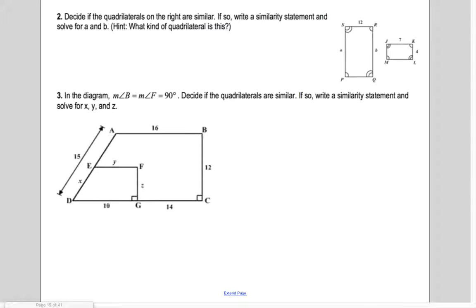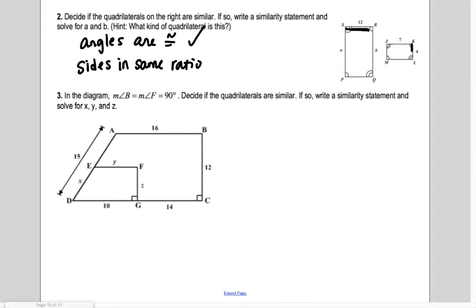All right, so if we're deciding on something similar, we want to make sure that they have all the same angles. Are all of the angles congruent in the two? Yeah, so angles are congruent. So we'll put a little check, done, angles are congruent. And then we want to check that the sides are in the same proportion. So let's check. 12 looks like it would match up with 4.